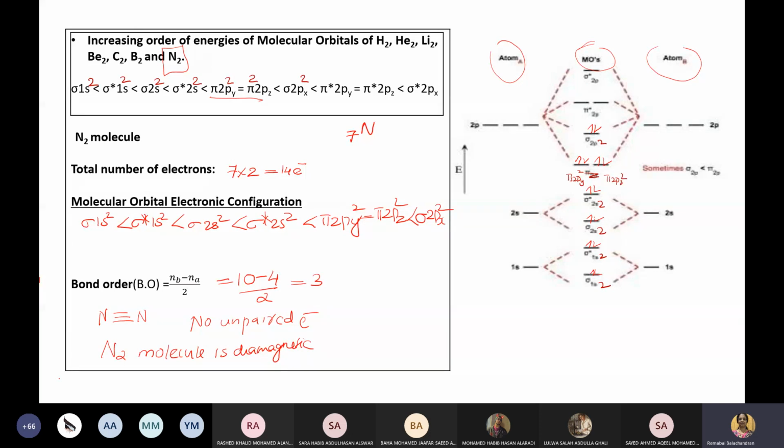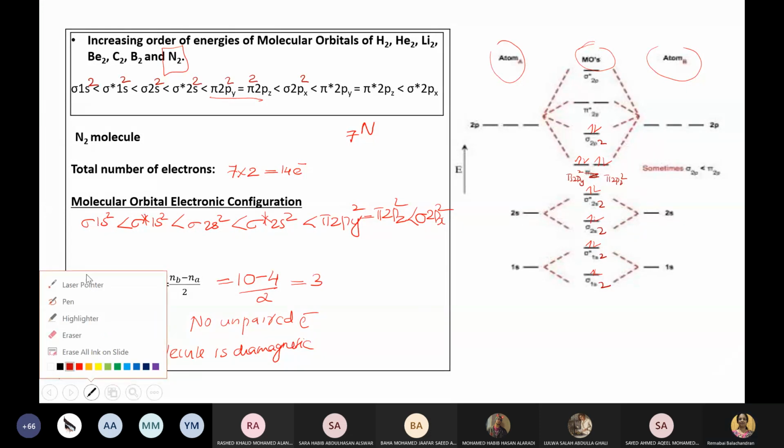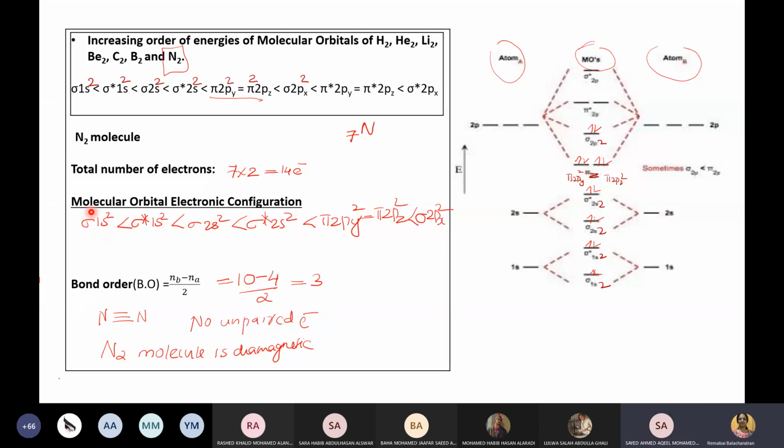Bond order. So now, how many bonding electrons are here? You know bonding means without star. 2, here 2, 4. Then 6, 8, 10. Anti-bonding with star is 4. So the bond order is 3, like between two nitrogen atoms there is a triple bond. So it's highly stable. Okay.